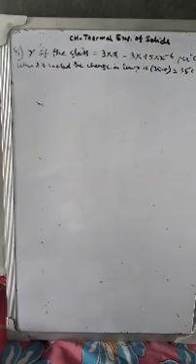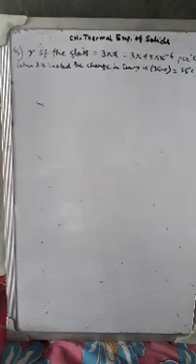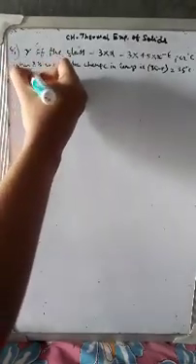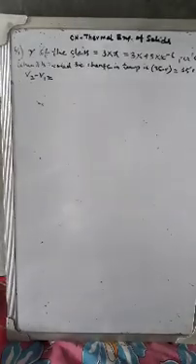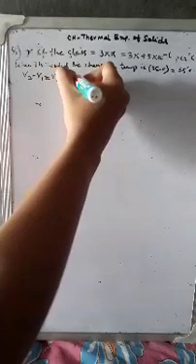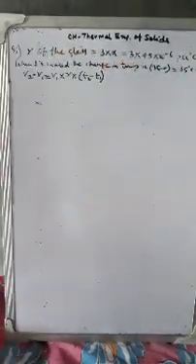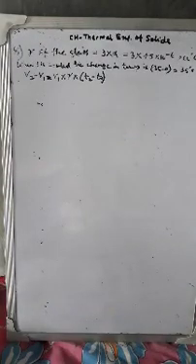Now what you have been asked in the first part, find the contraction in volume when it is placed in ice cold water. That means you have to find out V2 minus V1, isn't it? So V2 minus V1 is V1 into gamma into T2 minus T1. So write all the values.